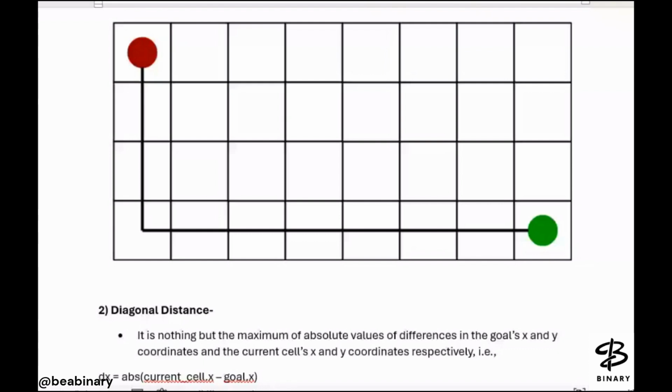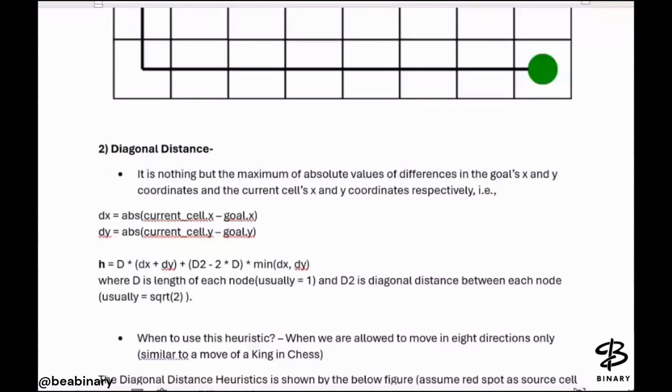Then the diagonal distance is another approximation we can use. It is the maximum absolute value of the differences between the goal's x, y coordinates and the current cell's x, y coordinates respectively.